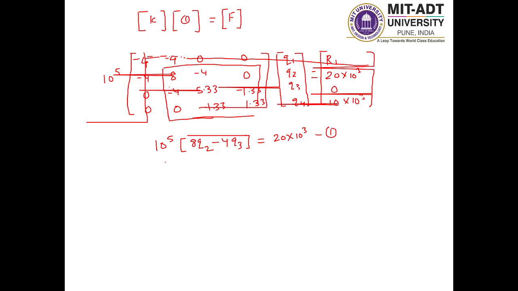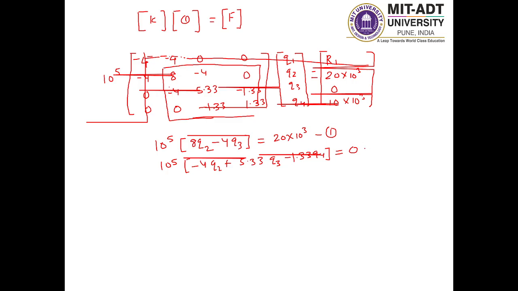Likewise, equation number 2 will be, with 10 raised to the power 5 common, minus 4 q2 plus 5.33 Q3 minus 1.33 Q4 will be equal to 0, right?